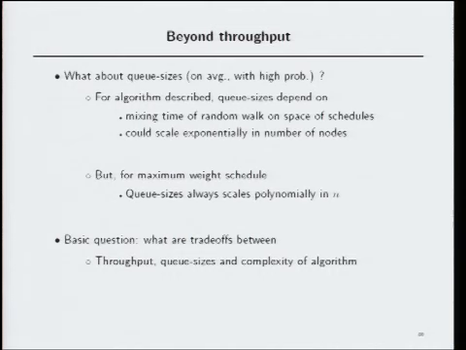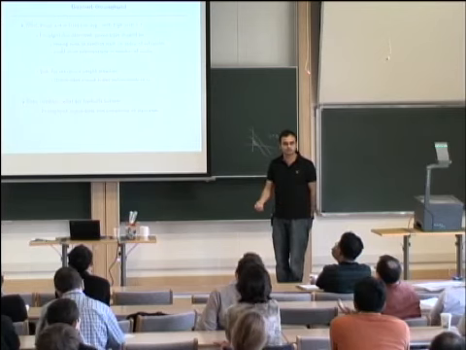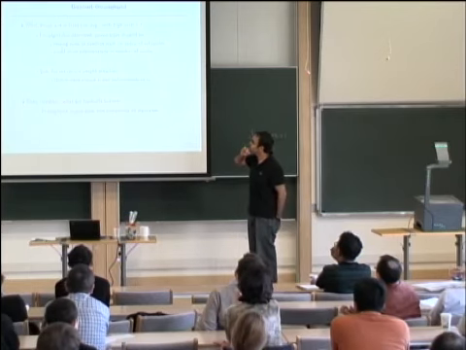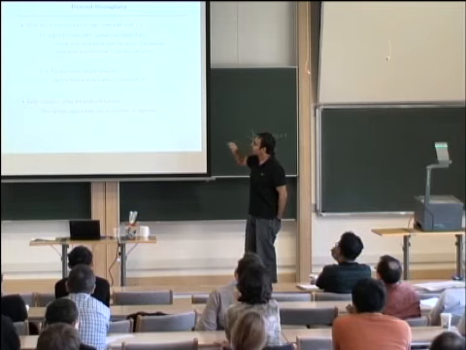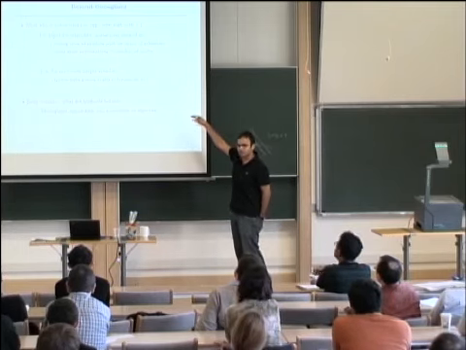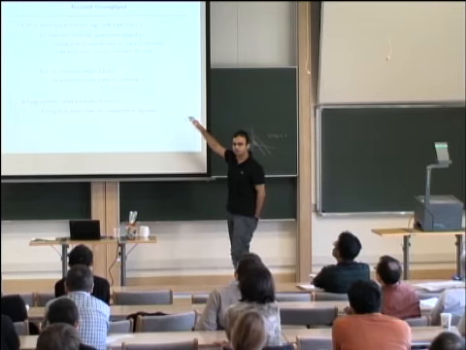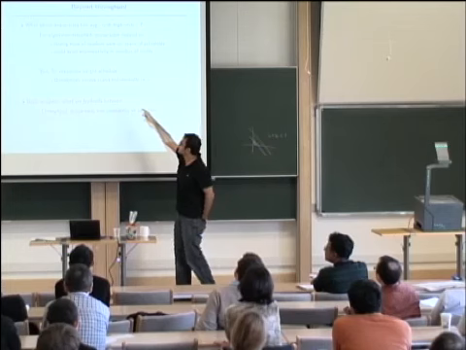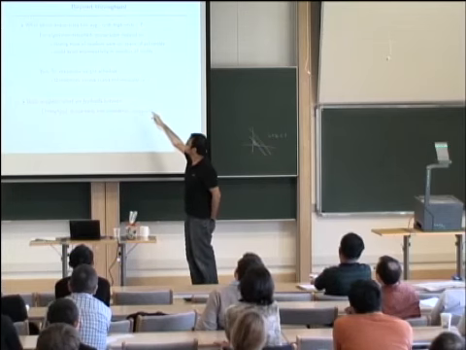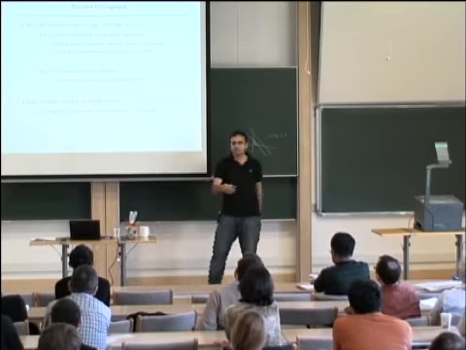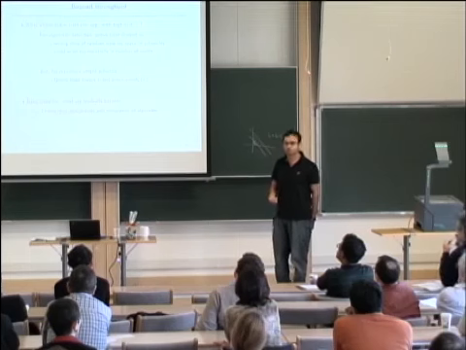But in the worst case, the mixing time could be very large in this class of graphs, exponentially large in the number of nodes. Now, if I go back to the max weight scheduling that I described early on, not only is it throughput optimal, but even for simple max weight, the queue sizes scale polynomially, in particular n square in this particular model, with the number of nodes.